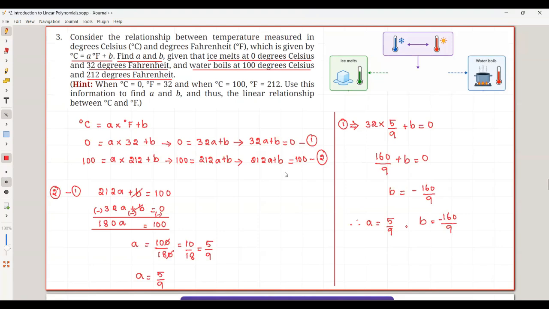Now we found A and B. Next, in the hint, they are asking to use this information to find A and B. We've got A and B, and thus the linear relationship between degrees Celsius and Fahrenheit. So again, you have to find the linear relationship between degrees Celsius and Fahrenheit.